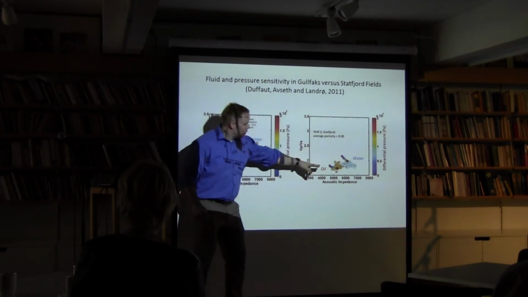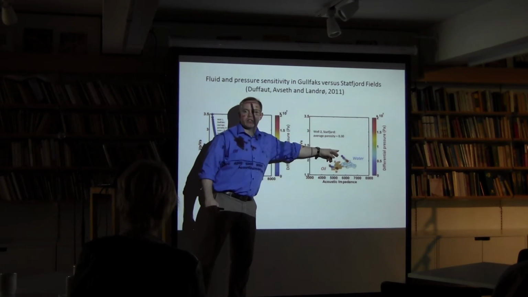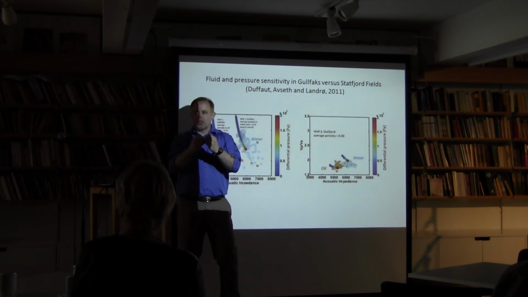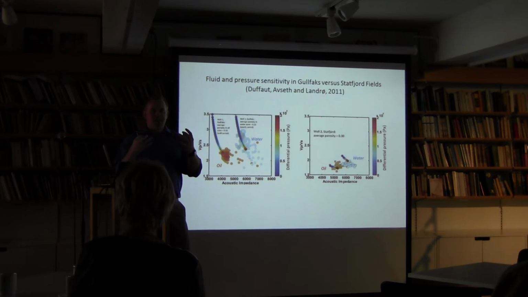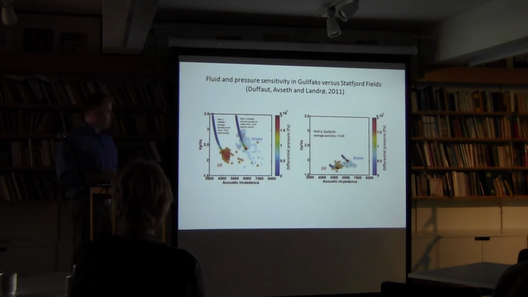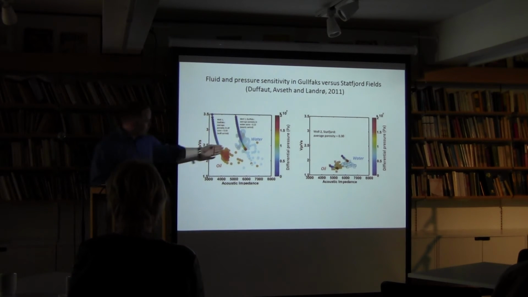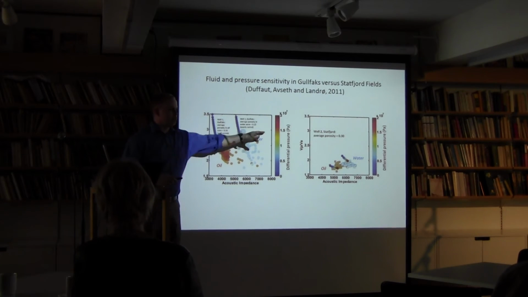But for Statfjord, you can have zero pressure, but you still have almost no effect on the VP/VS ratios because the cement is keeping the rock. You still have a rigidity of your rock, whereas in the Gullfaks case, you get a soup. And we can actually see here also that the fluid sensitivity and the stress sensitivity of the Gullfaks is larger compared to the Statfjord.